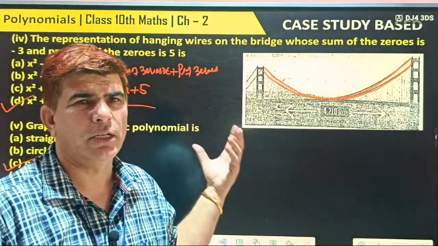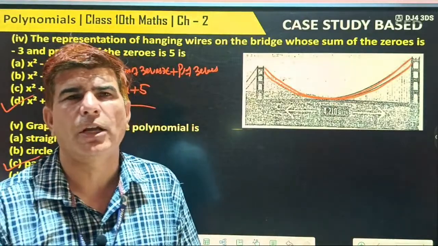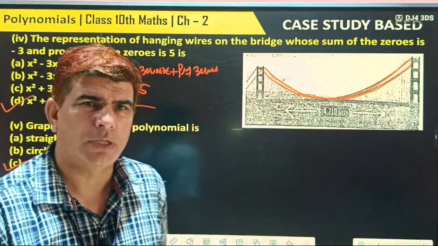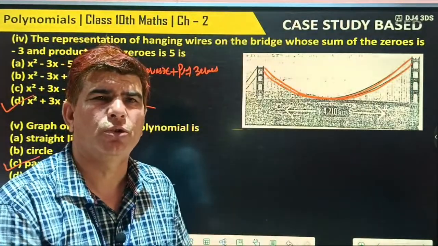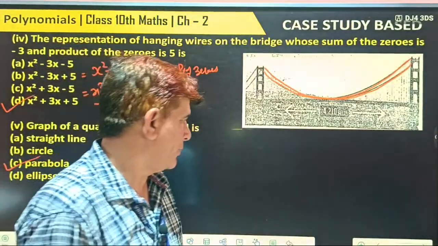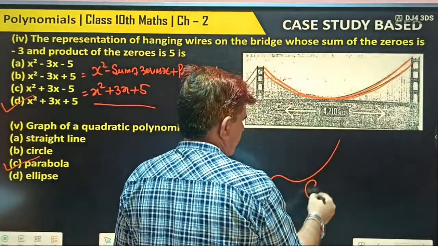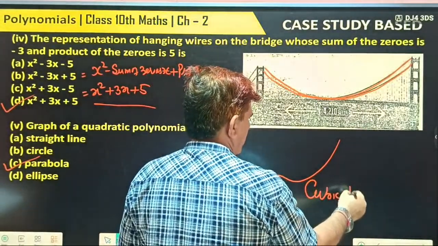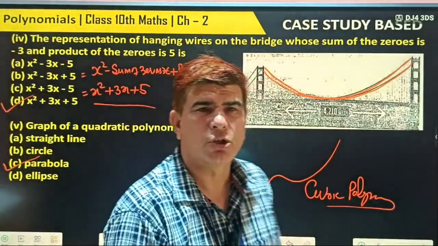A graph cutting the x-axis 2 times has 2 zeros; cutting 1 time with a parabola shape also has 2 zeros, both equal. And if the graph shape is like this, it's a cubic polynomial. Got it or not?